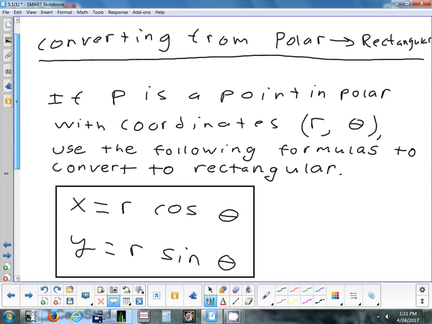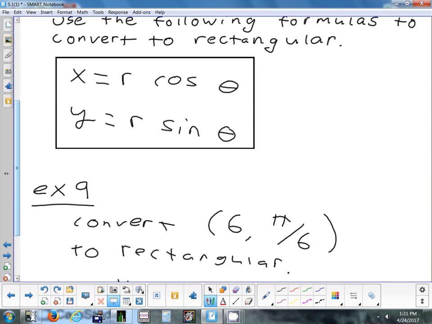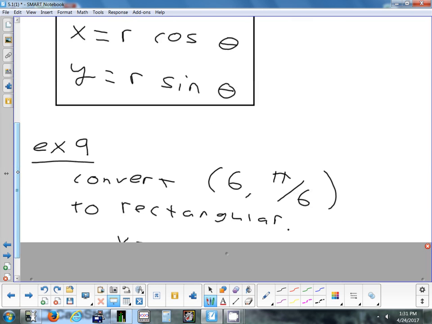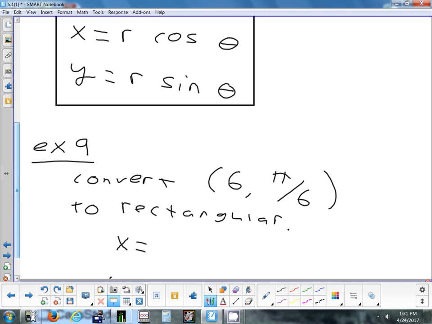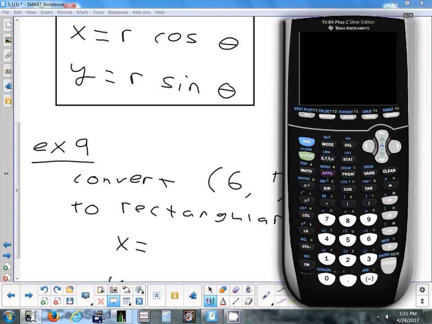All right, so let's try that. So we've got the point 6 comma pi over 6, and they want me to change it to rectangular. So Ben, first of all, are they giving me an angle in radians or degrees? Radians. So if my calculator is not in radians, I'm going to change to radians right now, just so when I start typing stuff in, I don't forget.